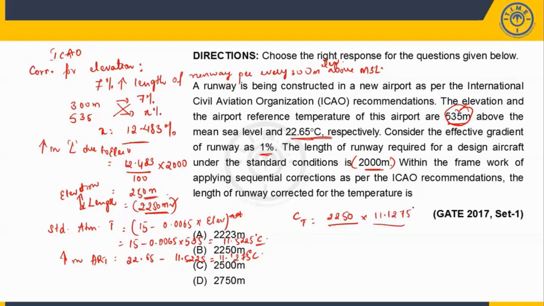For every 1 degree centigrade rise, we increase 1 meter length. So therefore, total we have 11.1275. We increase it by 1%, not by 1 meter, we increase it by 1% for 1 degree. Now, how much is the correction?